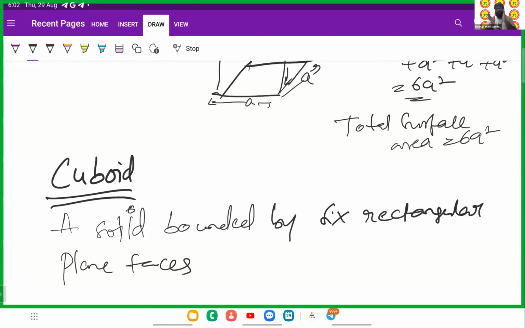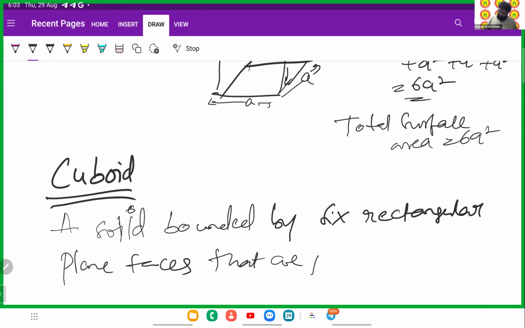Any Amazon order you get comes in a closed box. If you join 6 square surfaces, it is what? A cube, sir. And if you join 6 rectangular plane faces, a cuboid.